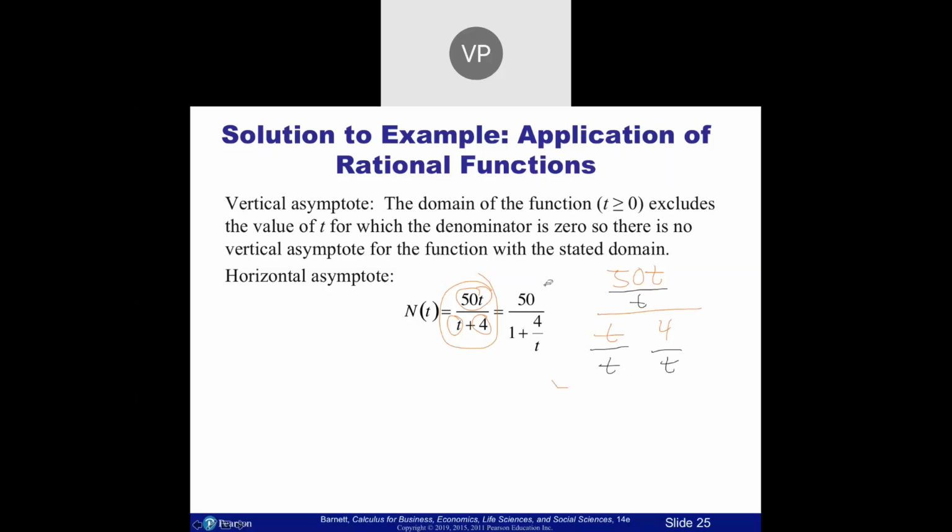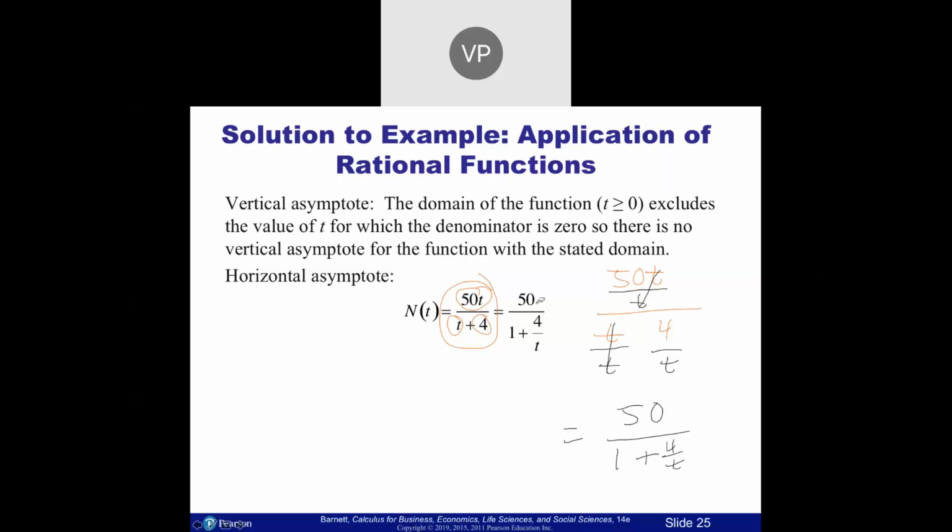Now it's unconventional because normally you're not allowed to divide by a variable, because the variable could equal 0. In this case, though, since we're trying to figure out what happens when we go way out to the right, to high numbers like infinity, we can do this, and you see what's going to happen. These are going to cancel, these are going to cancel, and we're going to be left with a 50, a 1, and a 4 over t. We want to see what happens as t gets really, really big.